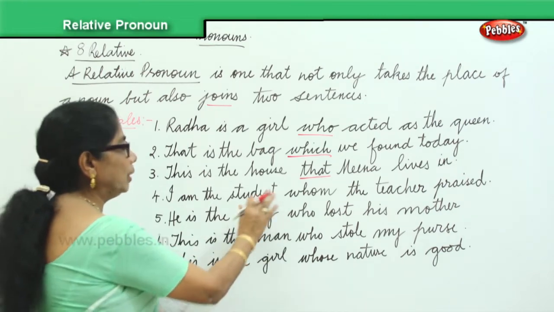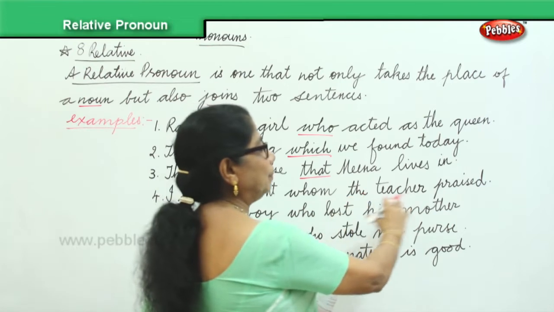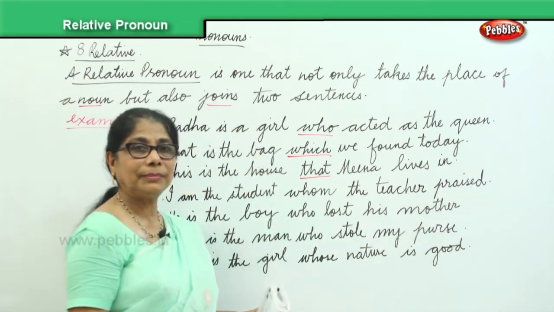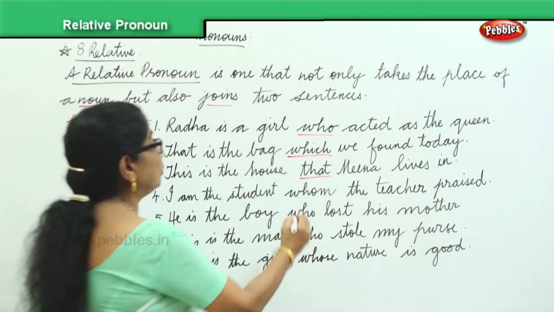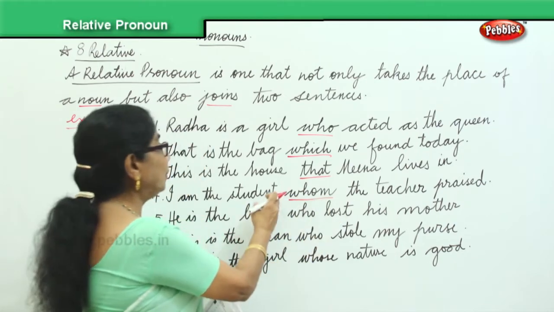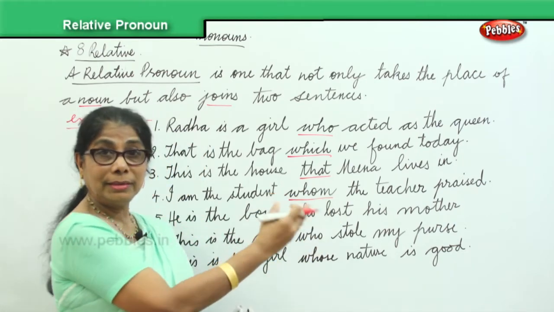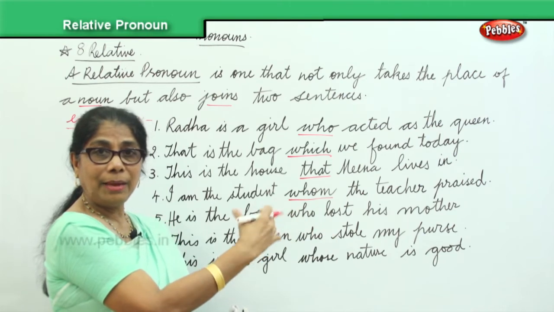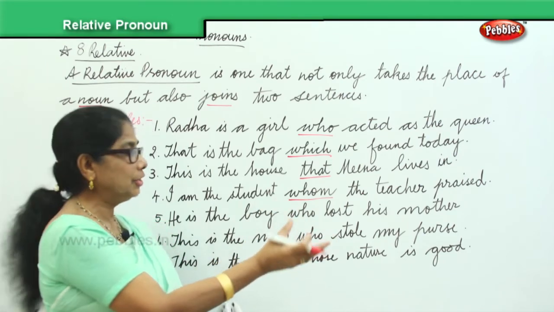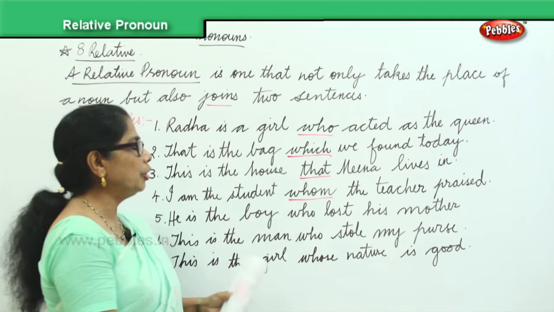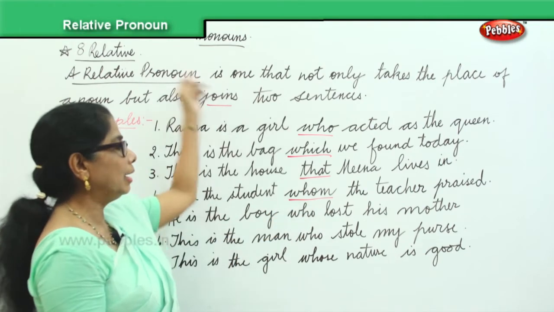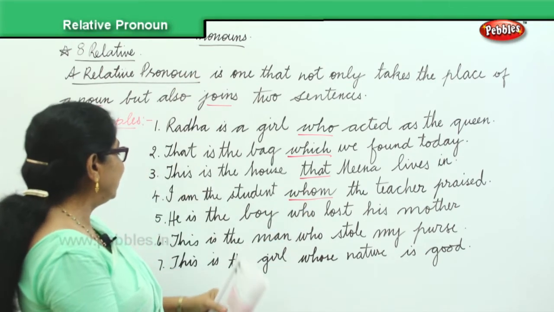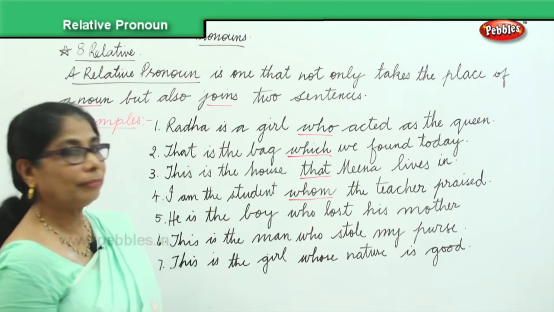I am the student. The teacher praised. And we put in the relative pronoun whom. I am the student whom the teacher praised. Two half sentences. We join them together using whom, the relative pronoun. He is the boy.